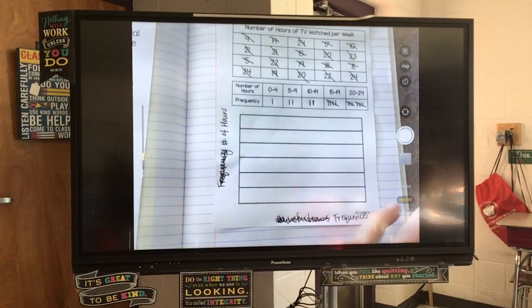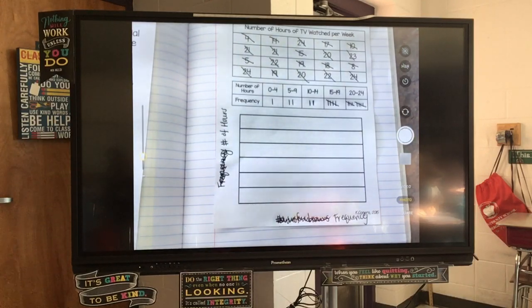No, that's not right. I was right the first time. I'm looking at my answer key and it confused me.